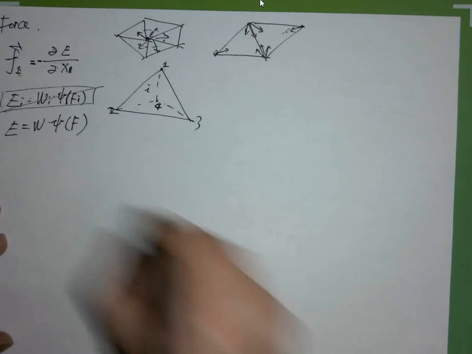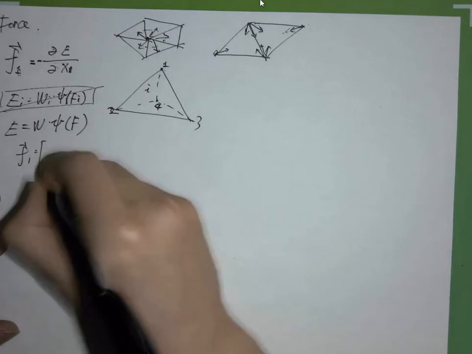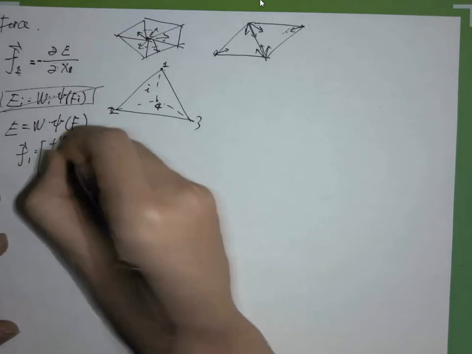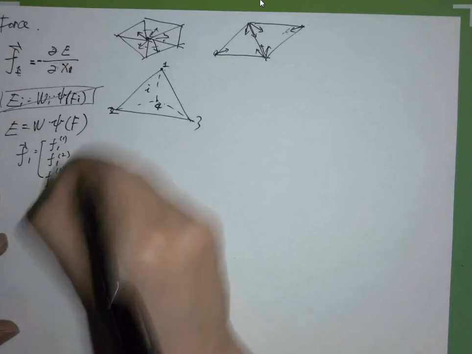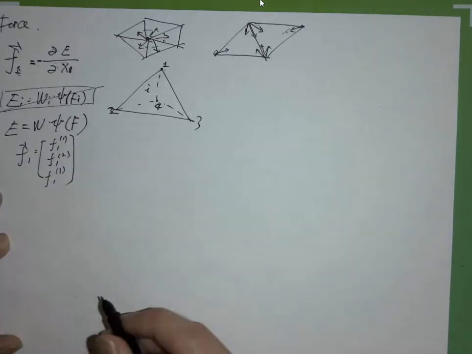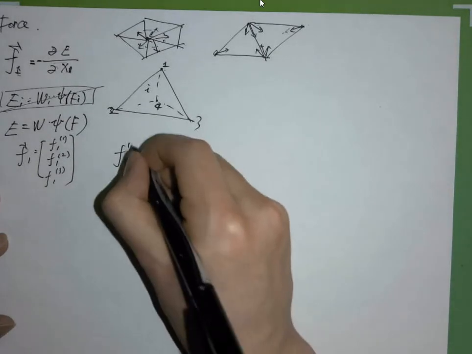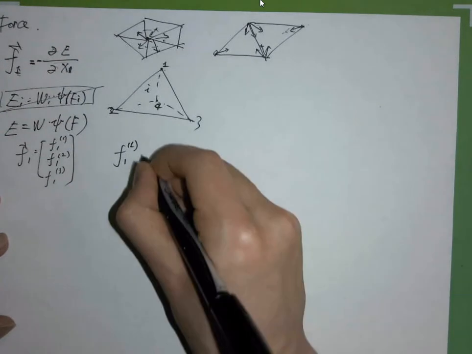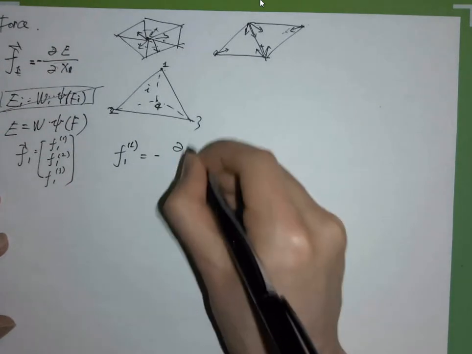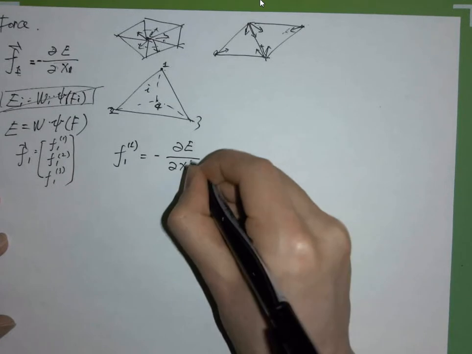All right. We can be more specific. We know that F1 equals F1 in the x direction, F1 in the y direction, and F1 in the z direction. Let's think about the force in the x direction of the first vertex. It becomes negative dE/dx1 on the first dimension.